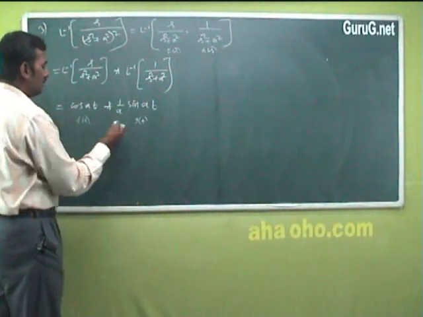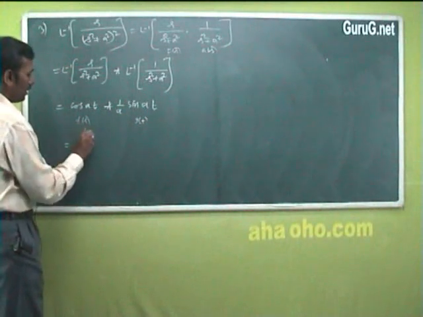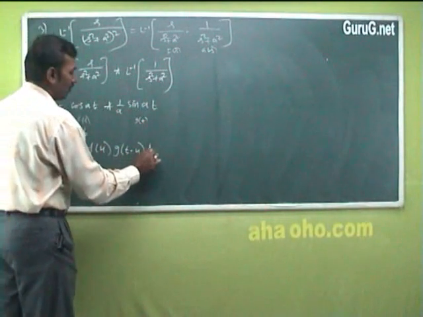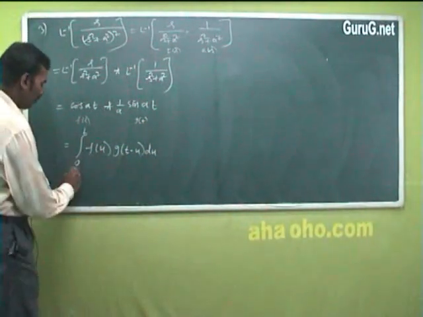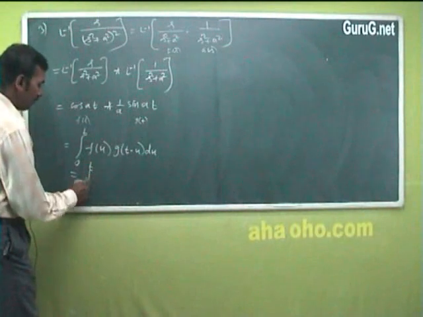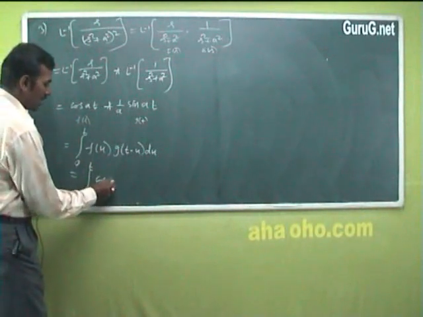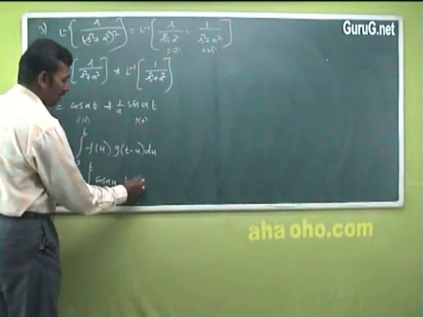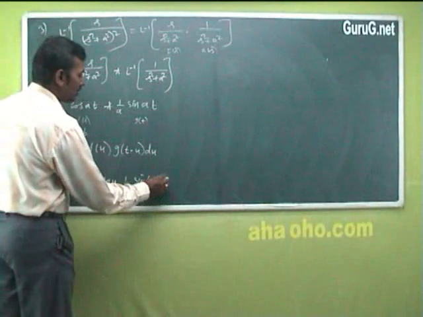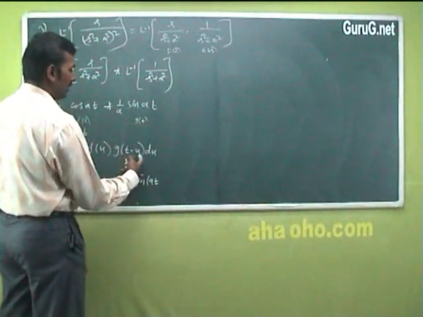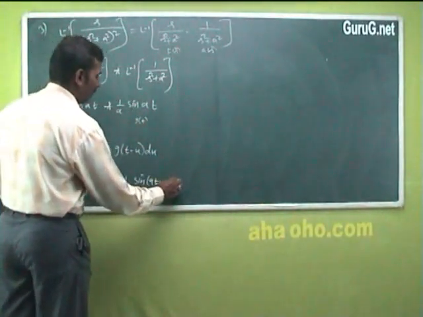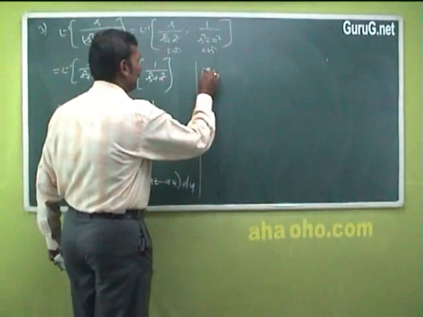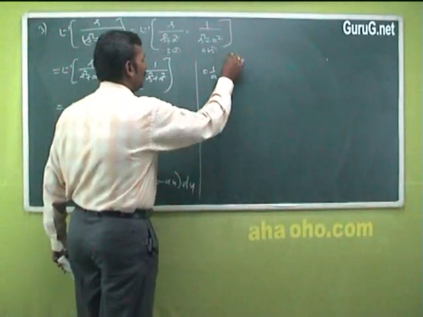So f of t star g of t is integral 0 to t f of u g of t minus u du. Integral 0 to t, f of u is cos au, into g of t minus u, which is 1 by a into sin a into t minus u, minus au, into du. Now take 1 by a outside. Integral 0 to t.